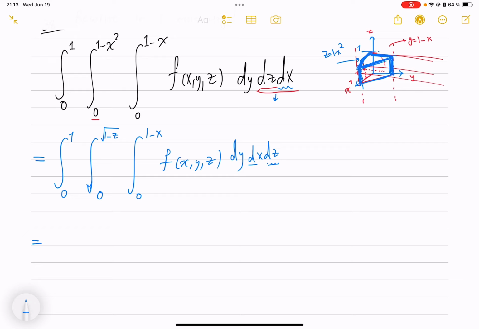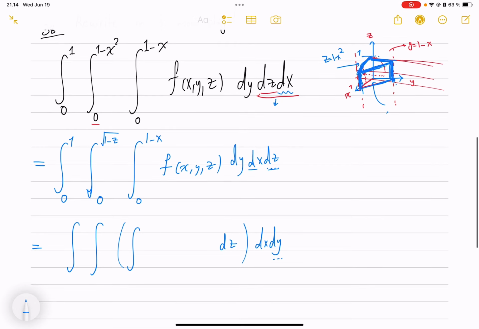Now let's look at the projections onto the xy plane, which means that my innermost integral will be dz and my outermost will be dx dy. So let's do first dx dy, and then we will go and do dy dx. Okay, so what happens? First I'm doing the y part. If this formula is 1 minus x, then this point will be at 1, and this is at 1.